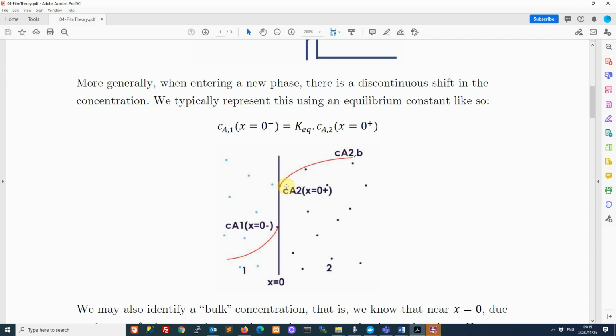Now, we know that the driving force for mass transfer is the concentration difference. And you see, by concentration difference, we mean the difference away from the equilibrium value. So at equilibrium, if these two are at their equilibrium values, then there's actually no driving force for mass transfer. And I'm just going to sketch that quickly.